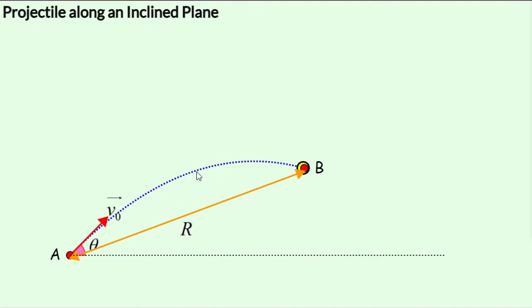It would follow the same path with or without the incline being there. It is fired at an angle of theta, which is alpha plus beta, where beta is the angle of the incline and alpha is the launch angle with respect to the incline. But with respect to the ground, the launch angle remains theta.